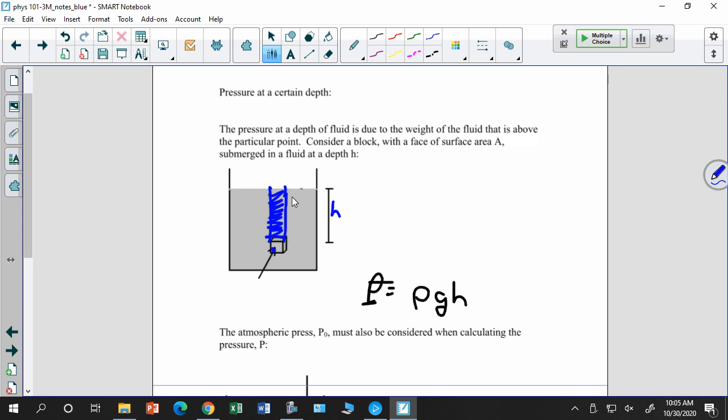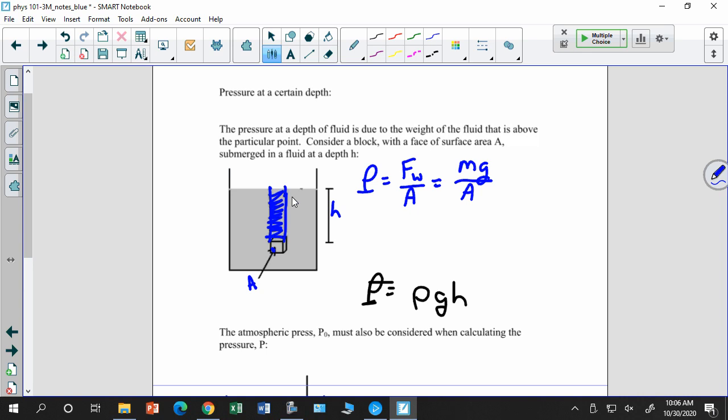And so the pressure is going to be equal to the weight of that column divided by the area of the top of this, wherever this point is. I have a little cube drawn there, and you imagine that the top of that cube has a surface area A. So a face of this cube has a surface area A. So the pressure is the force, weight, which is m times g, divided by A.